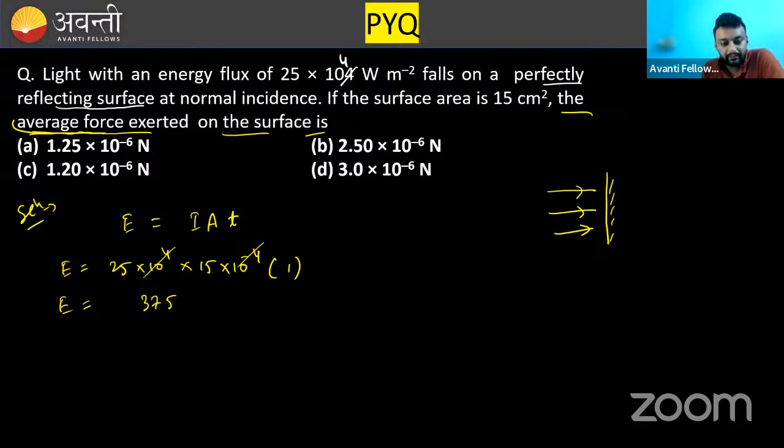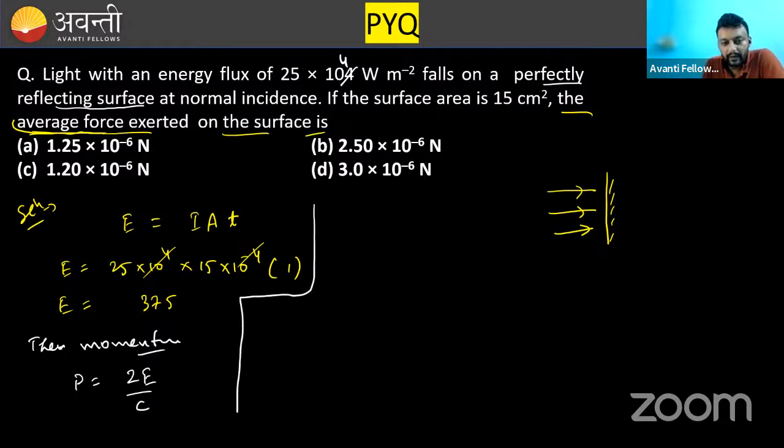First of all, we have calculated E. Now, the momentum. Remember one thing, the momentum that is being transferred. You know that P is equal to, for a reflecting surface, 2E upon C, I think. You remember. This is 2E upon C. So momentum will be 2 into 375 by C, which is 3 into 10 raised to the power 8.